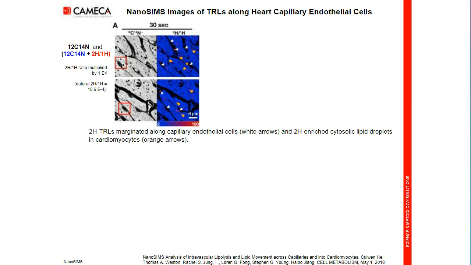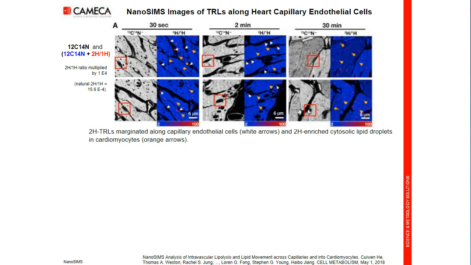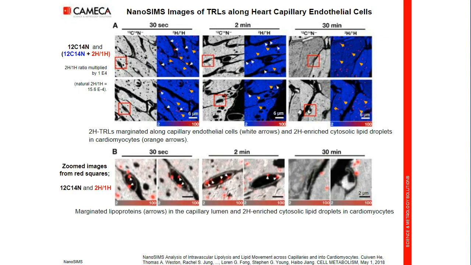2 minutes after the deuterium-labeled lipid injection, and of course it's from a different mouse, the number of marginated lipid droplets has reduced. And 30 minutes after the injection, all labeled lipids are found inside the cardiomyocytes. We can zoom in the red squares of above images to have a finer view of the movement of lipids in the tissue.